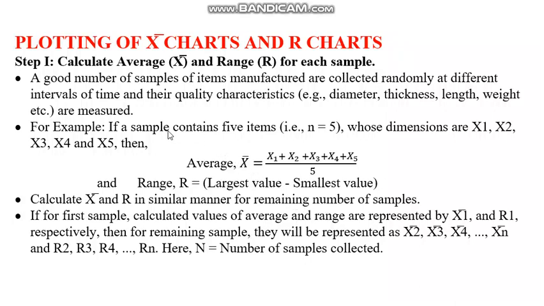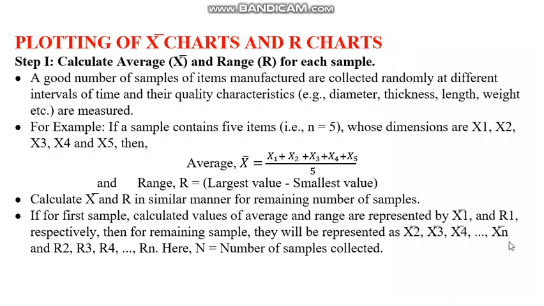For the first sample we have calculated, the average and range are X1 bar and R1. For the second sample it will be X2 bar, for the third sample X3 bar, for the fourth sample X4 bar, and so on up to Xn bar.